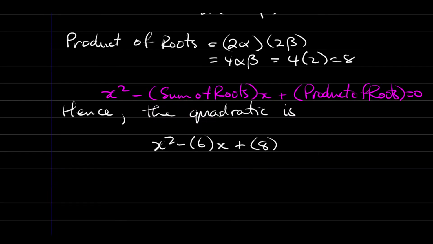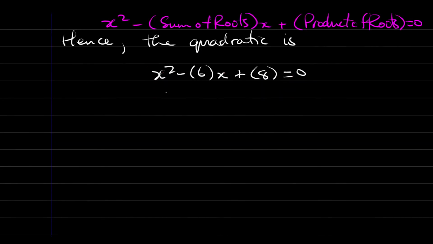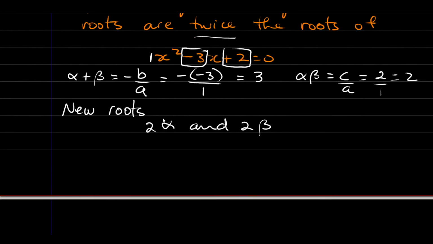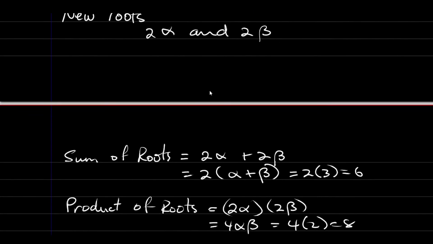So we have plus 8 equal to 0. Right? And that is the answer. x squared minus 6x plus 8 equals 0. So that is the new quadratic equation with roots that are twice that of the roots found in this equation. Okay? Now, that is the end of it.